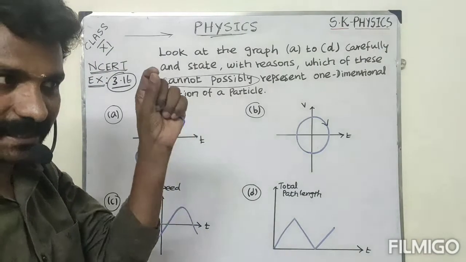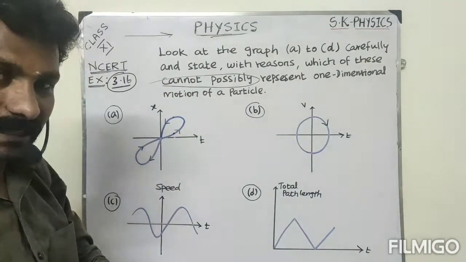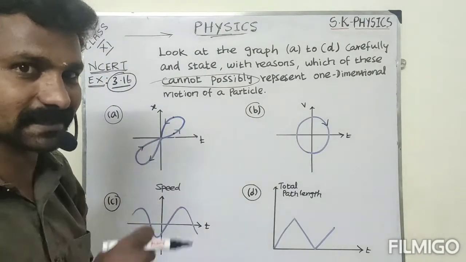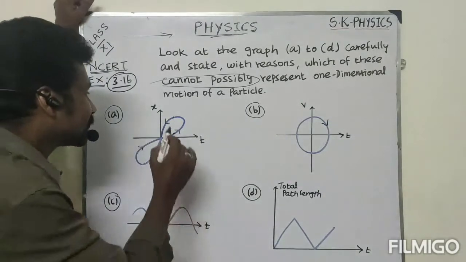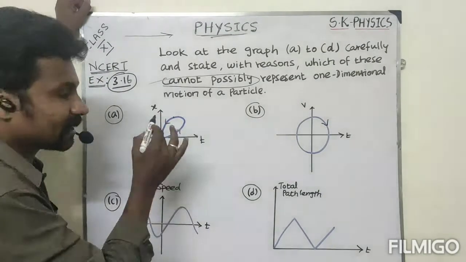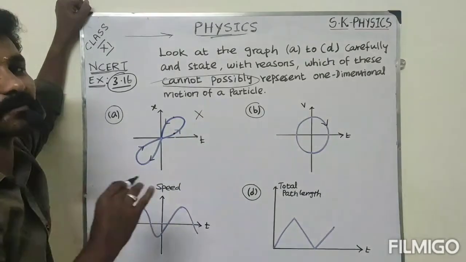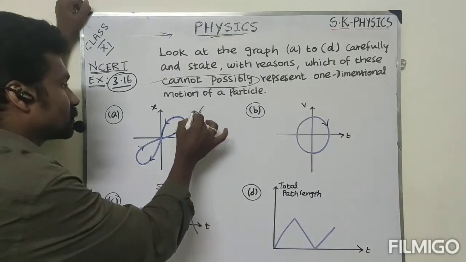One bus is in one bus stand. At the same 5 o'clock, the same bus is possible in another bus stand? No. So this graph is wrong. It is not possible.